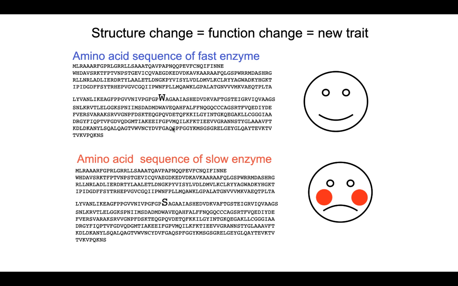And although that seems like a subtle change, it's enough to change the structure of that protein such that now it doesn't work very well, which gives rise to a completely new trait. You have here a sort of normal response to ethanol, and here, if you have the slow enzyme, you have that alcohol flush sort of trait. Right, where when you drink ethanol, you get red, flushed faced, and so on.